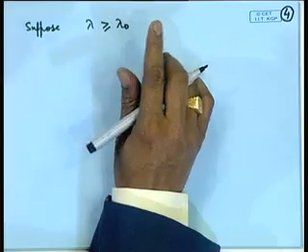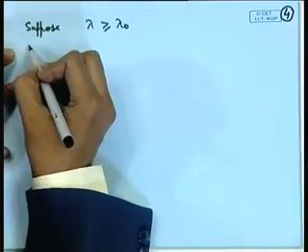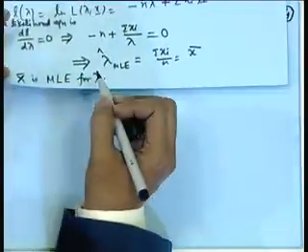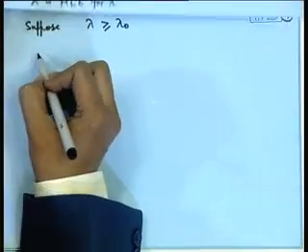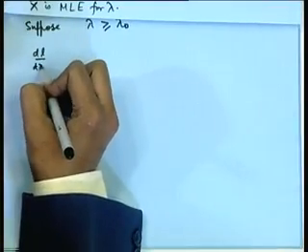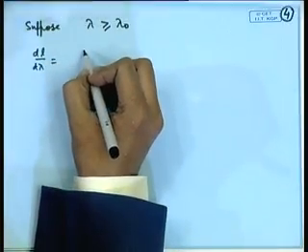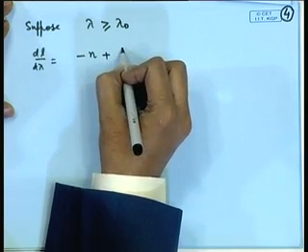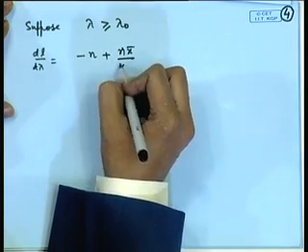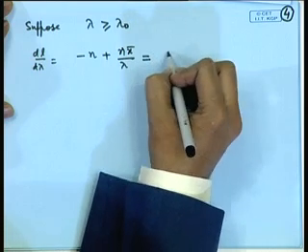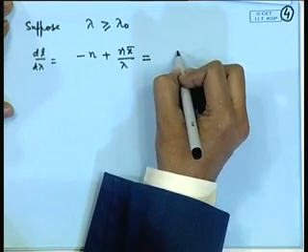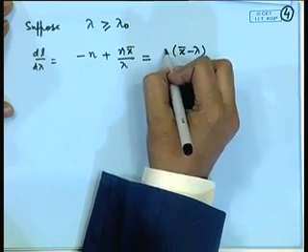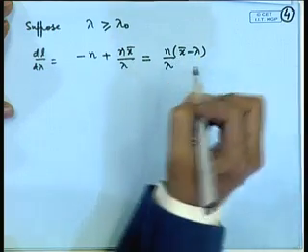So, what do we do? Then consider the behavior of the likelihood function. What we are getting is dl by d lambda is equal to minus n plus n x bar by lambda, that we can write as n times x bar minus lambda by lambda.